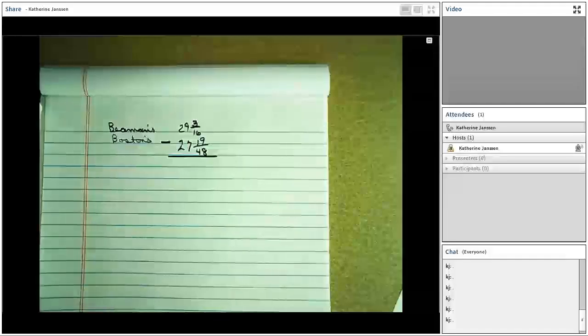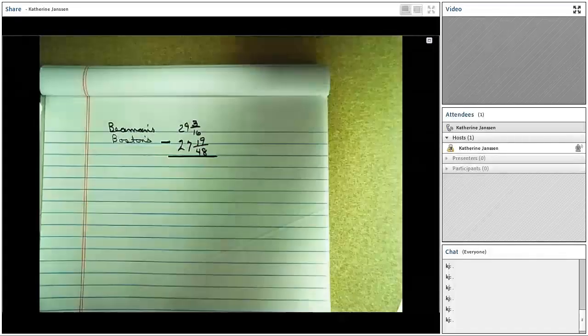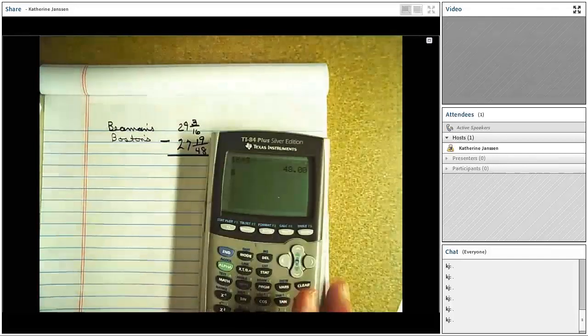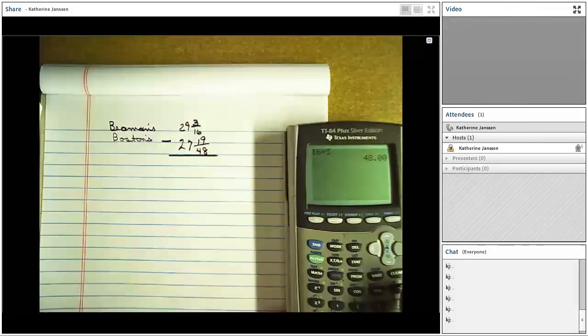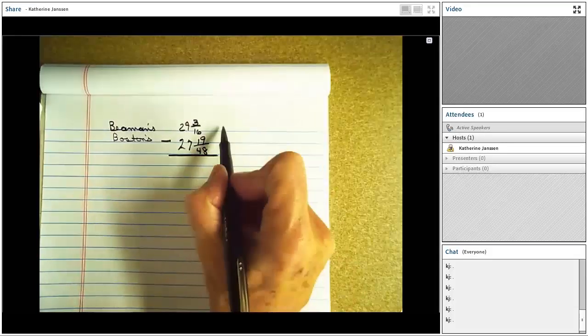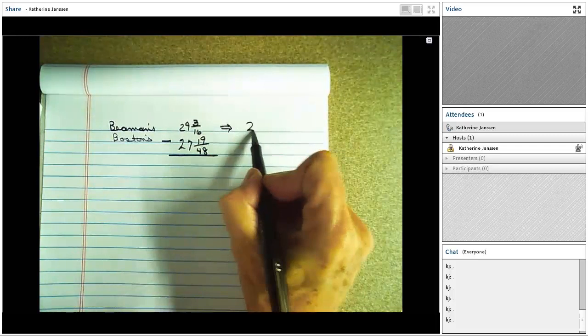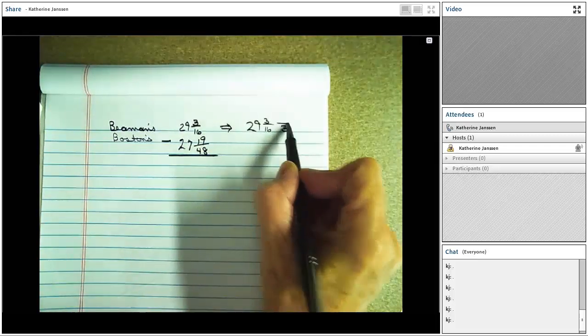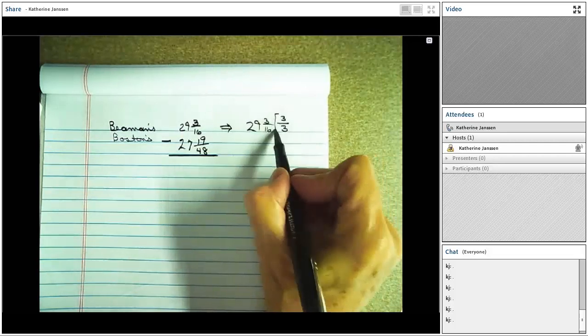But we need to find a common denominator. I'm going to check my calculator, but I think 16 times 3 is 48. So I'm going to use 48 for my common denominator and convert 29 3/16 to 48ths by multiplying the denominator and the numerator by 3 as another name for 1.